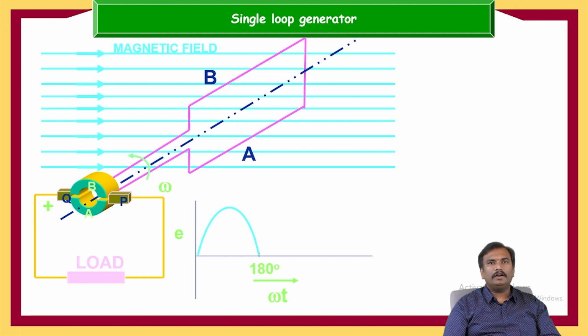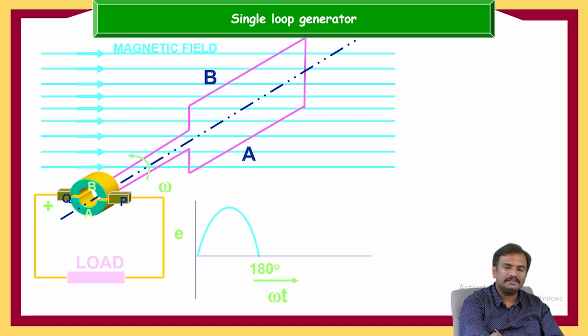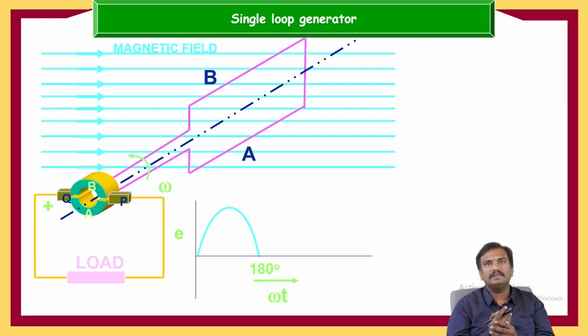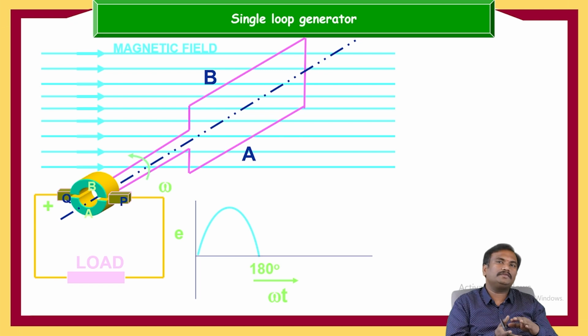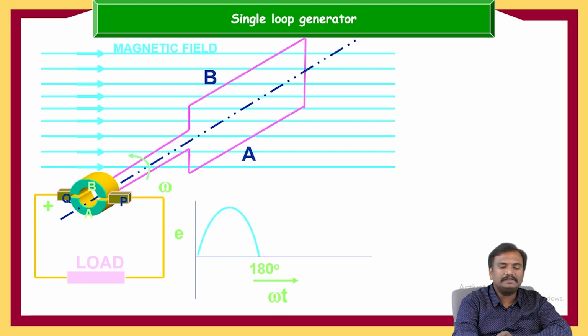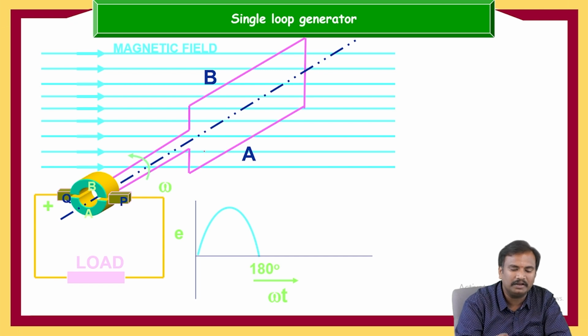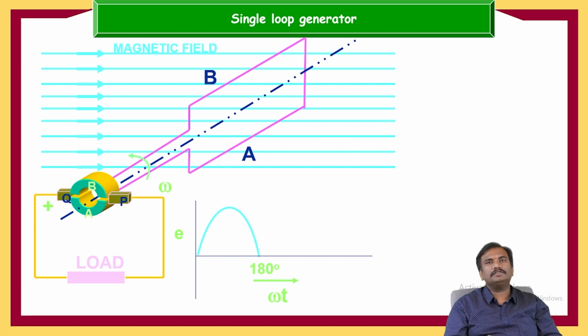Now if you see, this is the B position and this is the A position. Here it is reversed. When the positions of A and B are reversed, it would generate a negative voltage when it rotates. But because of these slip rings which are connected, we are going to get the positive voltage.